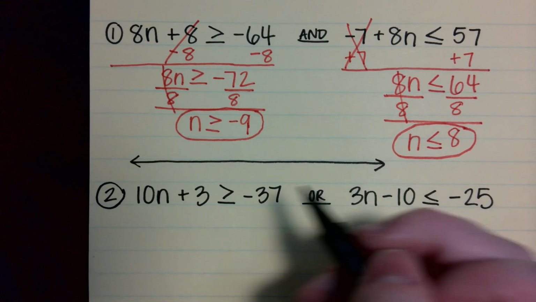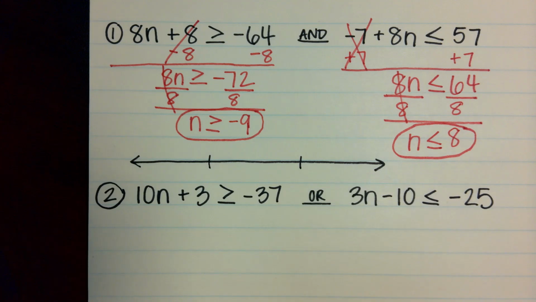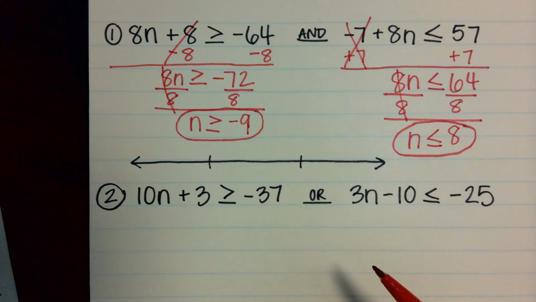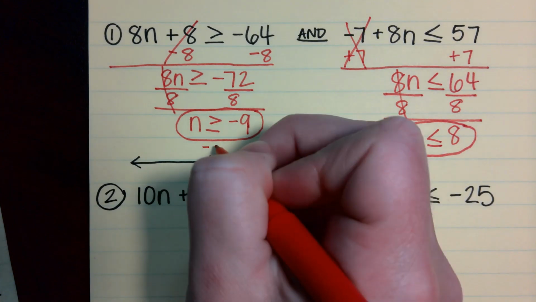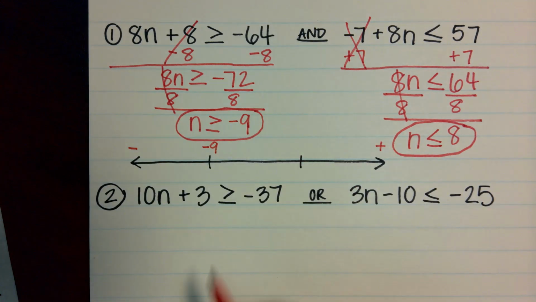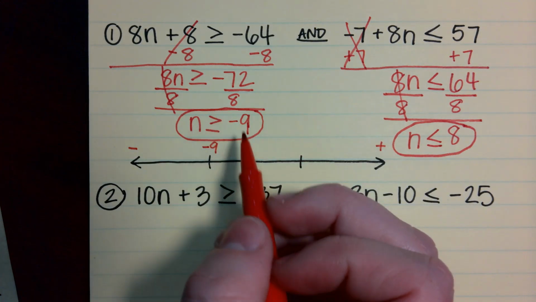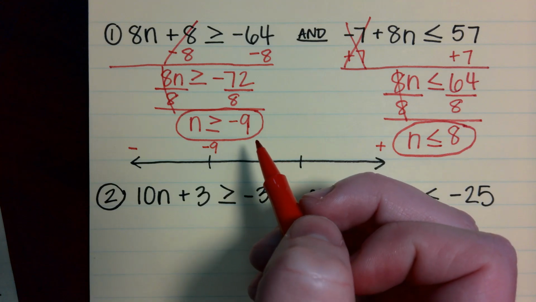Okay, so I need 2 tick marks. And where do I put each of my numbers? Yes, we're going to put -9 first because it's smaller, comes first on the number line. And do we circle it and shade it, or circle it and leave it open? Good.